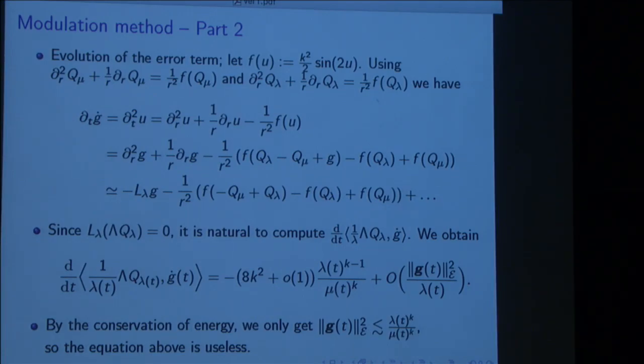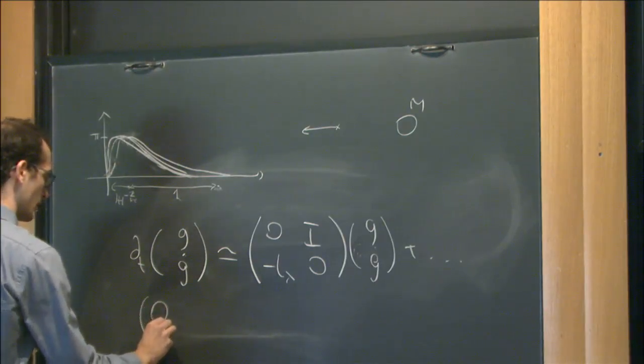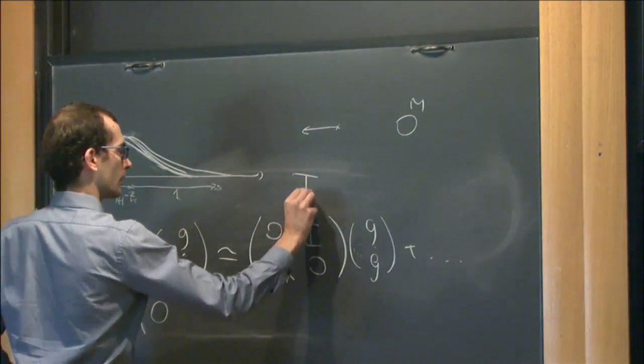I'm looking at the evolution of the pair of functions g dot, and the linear part of this would be given by the matrix (0, 1; minus L lambda, 0) acting on g dot, plus etc. Let's call this operator T lambda.